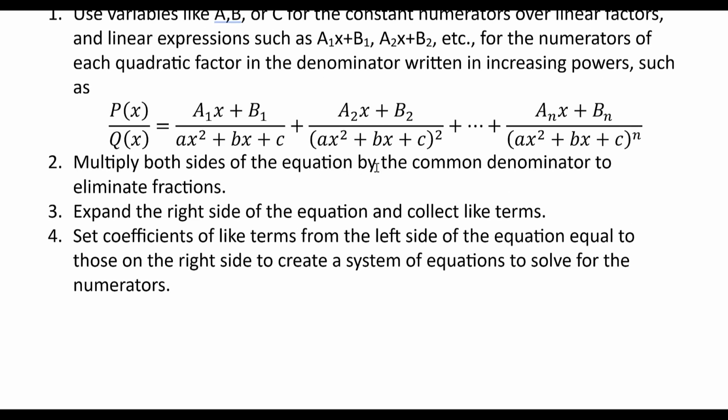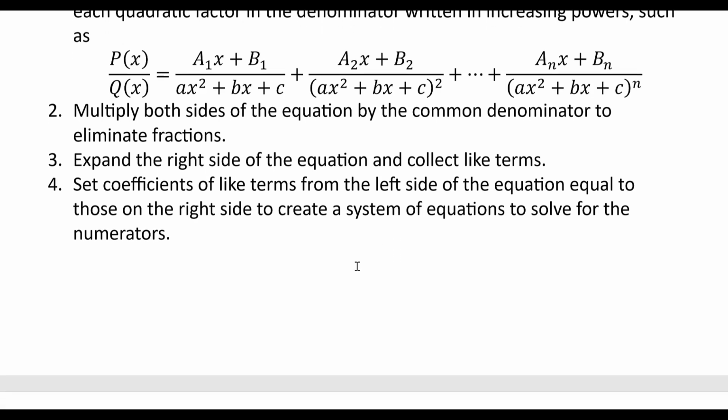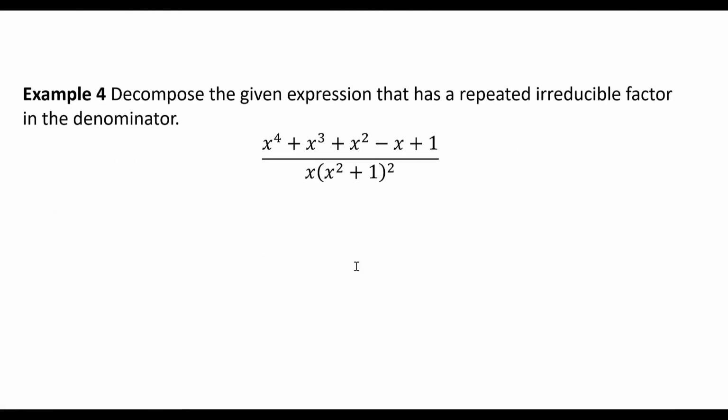Same process now: multiply both sides of the equation by the common denominator to eliminate fractions, expand the right side of the equation and collect like terms. I can look over there and see which ones are coefficients for x or x squared or the constant. Set the coefficients of the like terms from the left side of the equation equal to the right side. Create a system of equations to solve for the numerators.